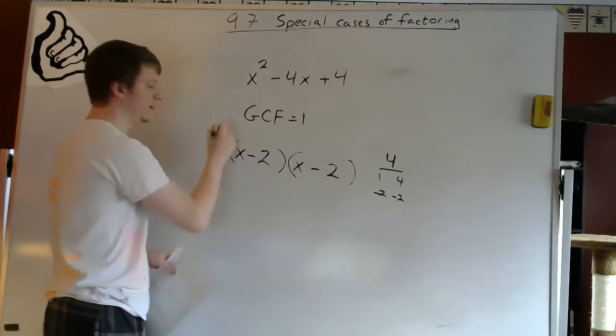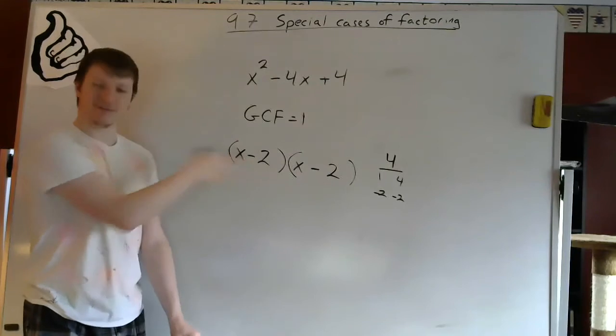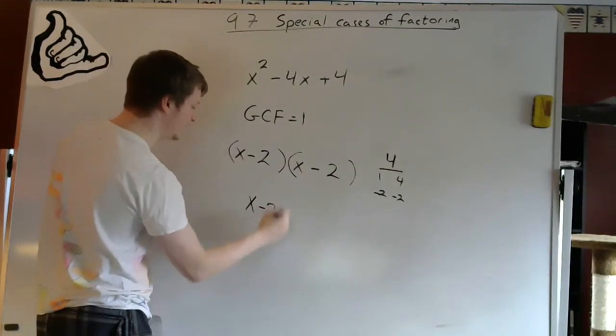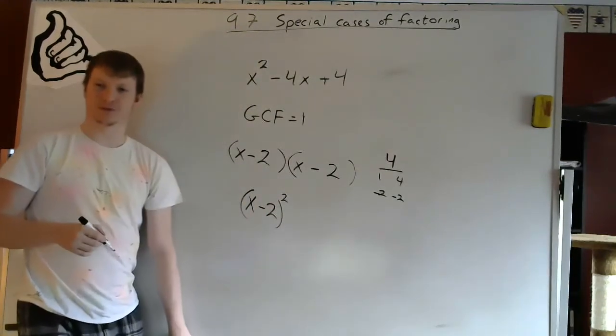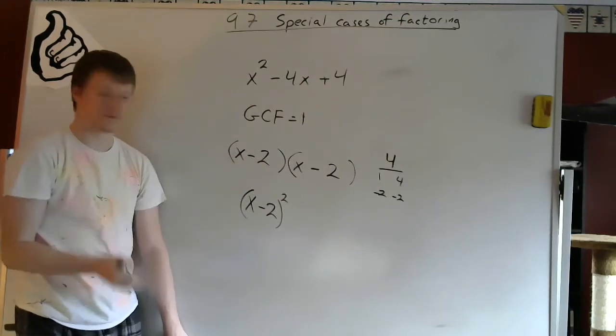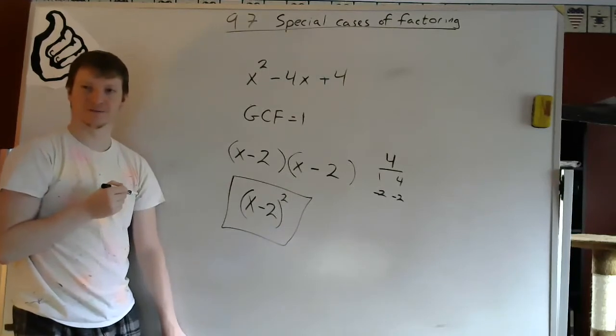And we got it. That's kind of the end. But you might notice, hey, those are the same exact thing. Couldn't I just write that as x minus 2 squared? Squaring something is when you multiply something by itself, and what I'm doing is multiplying x minus 2 by itself. So here is my final simplified answer.